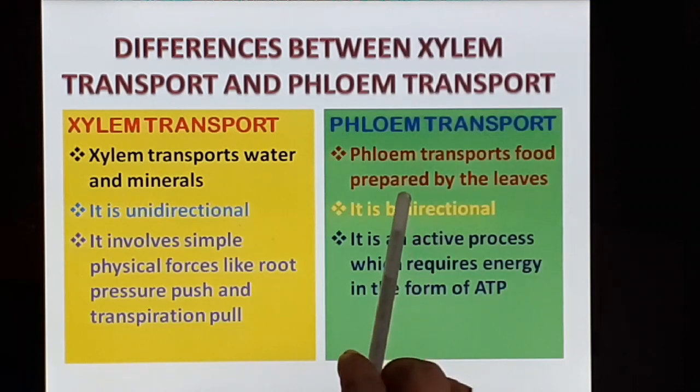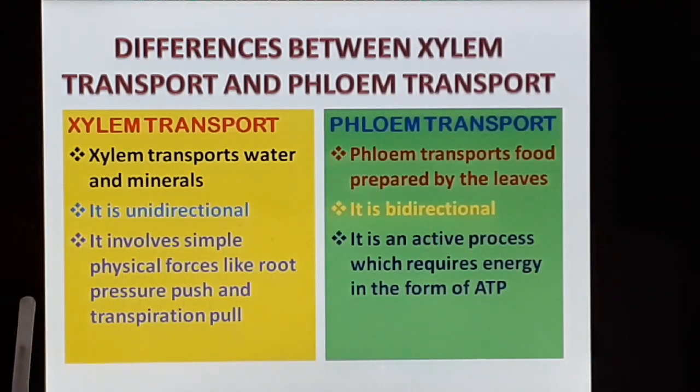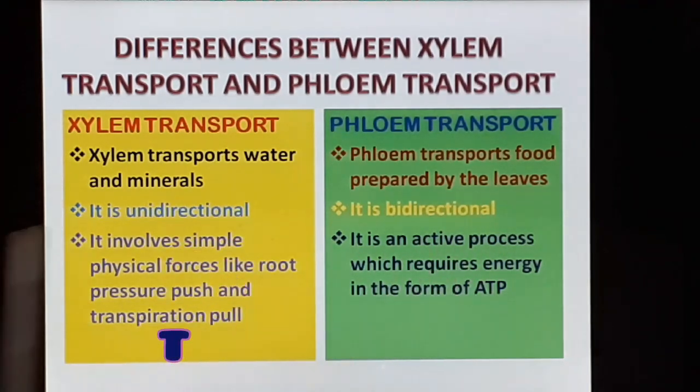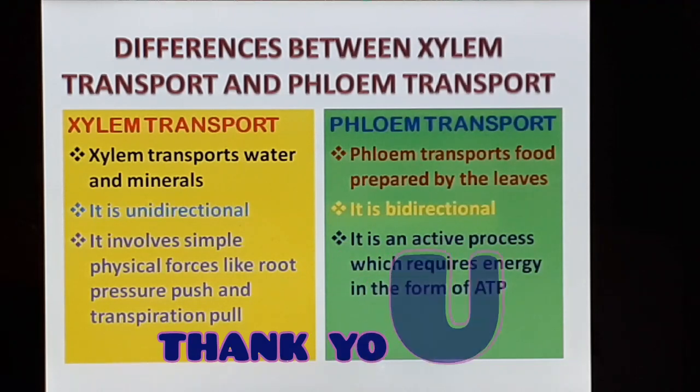Phloem transports food prepared by the leaves. Xylem transport is unidirectional. Phloem transport is bidirectional. Xylem transport involves simple physical forces like root pressure push and transpiration pull, whereas phloem transport is an active process which requires energy in the form of ATP.